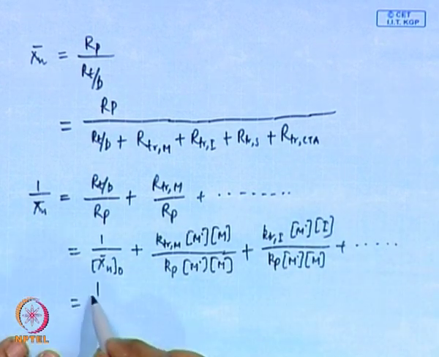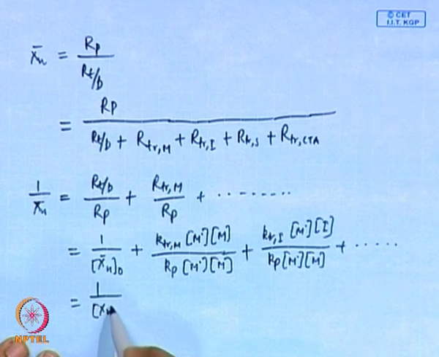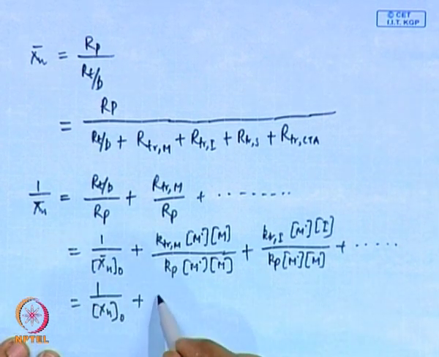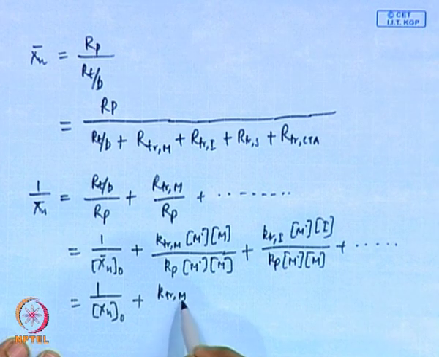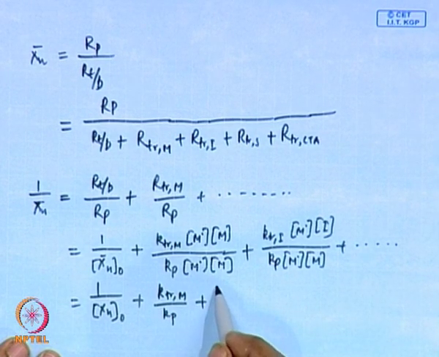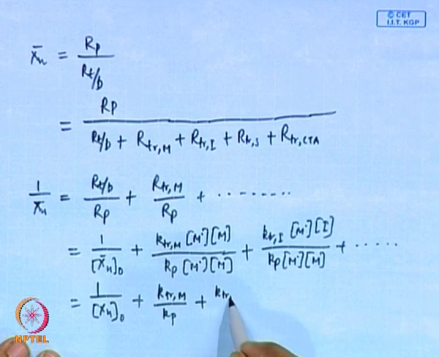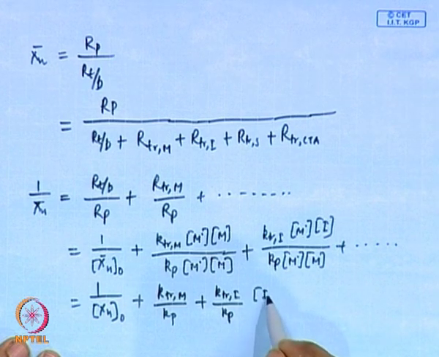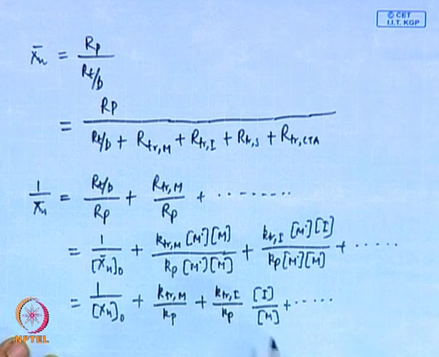So, 1 over x n 0 plus K transfer m by Kp, plus K transfer I by Kp times I by m, and so on.